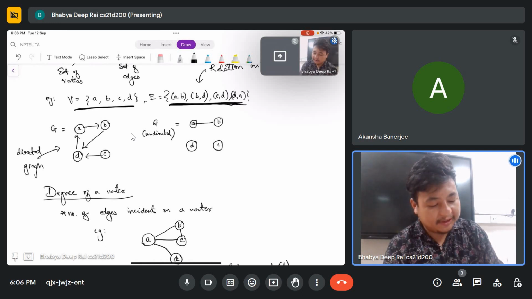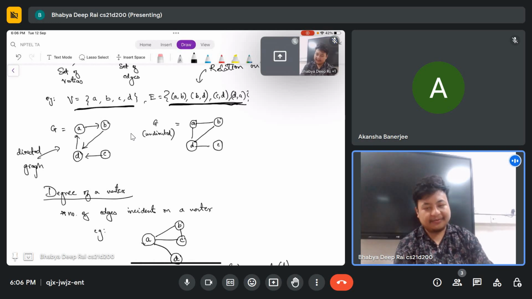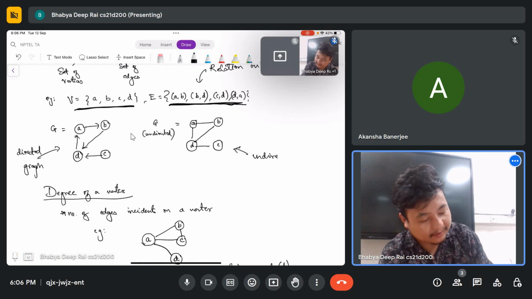But if I do not draw the directions, this is what is called an undirected graph.